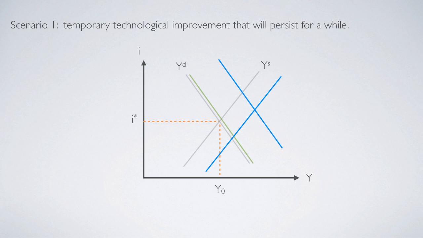if the international interest rate is still fixed at I star, then at the current international interest rate, the production output will increase from Y0 to Y1. But what happened to the current account balance? Current account balance is determined by the difference between output and the expenditure CIG.